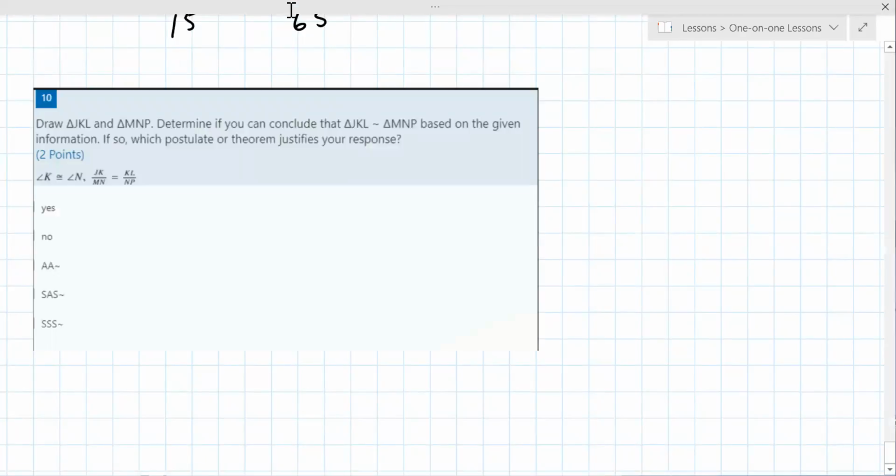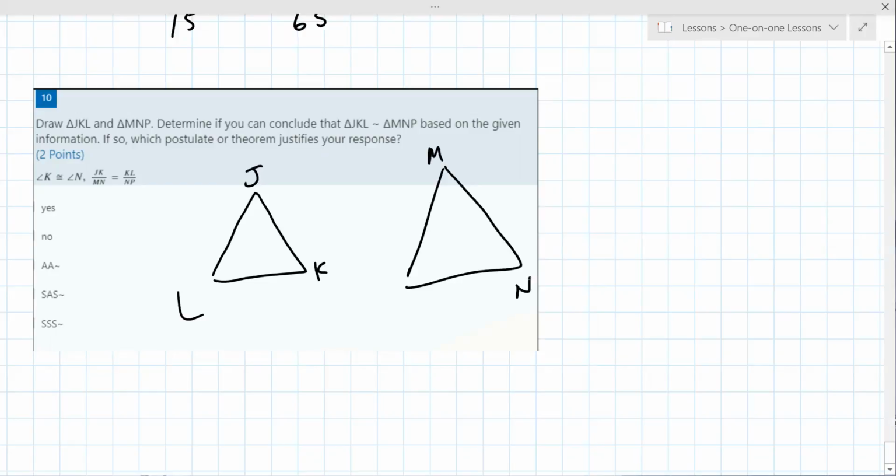Draw triangle JKL and triangle MNP. Can you conclude that they're similar based on the information? Okay. So let's go with triangle JKL, triangle MNP. What's really important is that you label them the same way each time.